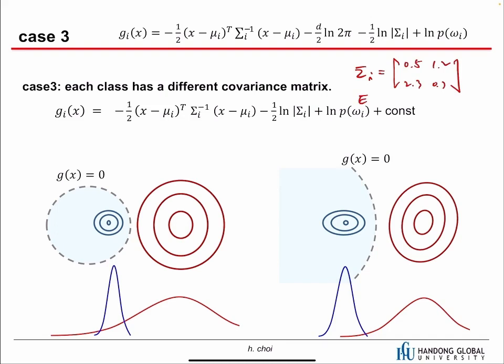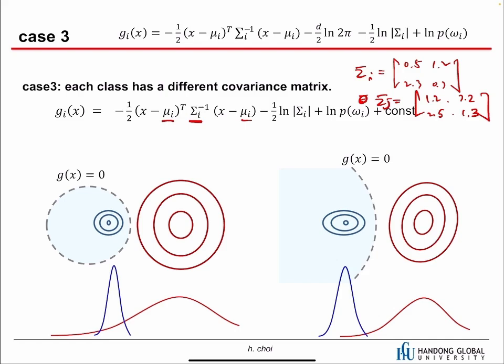And sigma j is another matrix, something like this. So it's just a general case. Okay. Then we have mu i and sigma i here, and mu j and sigma j here. So we cannot delete any terms with the mean and variance.